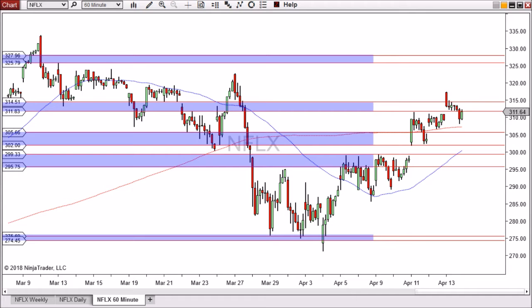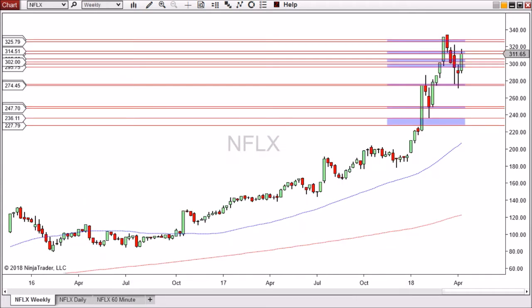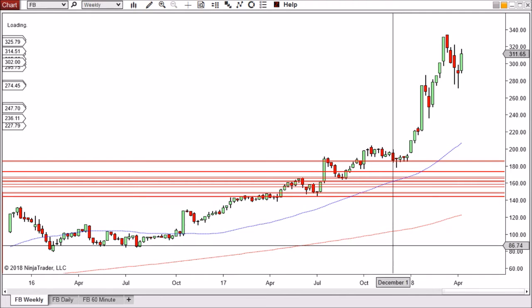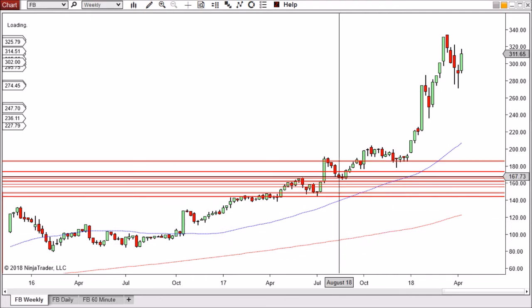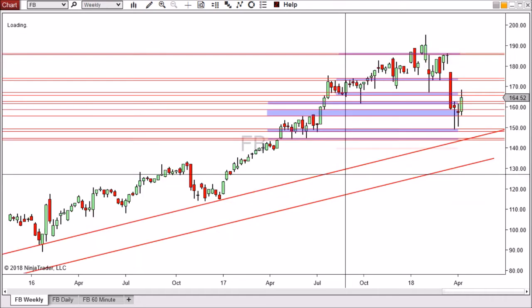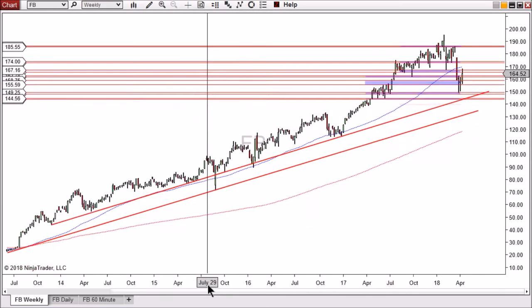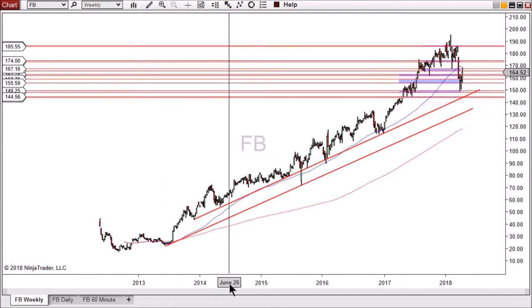And let's go back and take a look at Facebook. Although Facebook has been sold off recently, I do have a couple of trend lines here already.